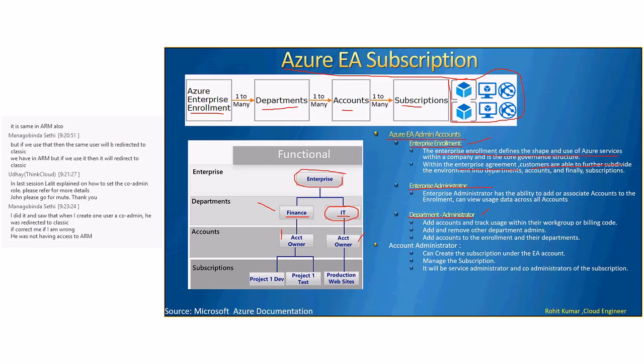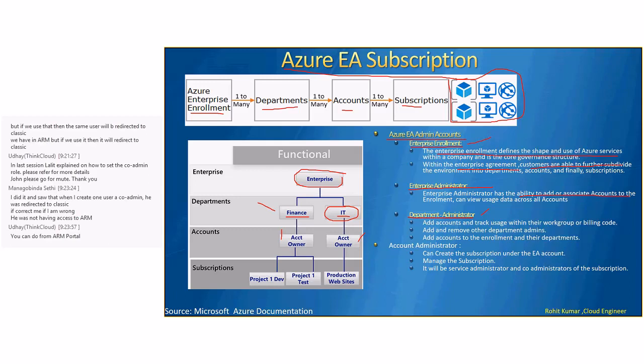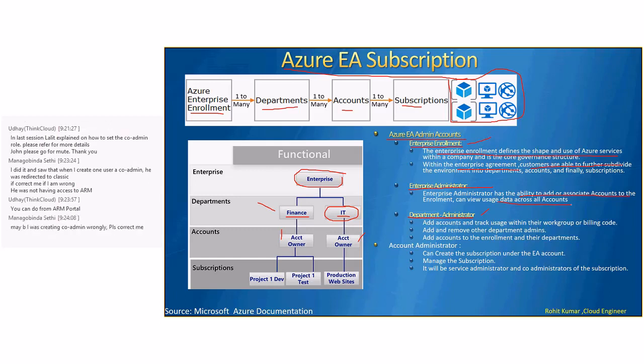And then the enterprise administrator has the ability to add and associate accounts and enroll the account, so you can view usage data across all the accounts. So basically, if you have a wider organization, with more than 10,000 servers, or lakhs and lakhs of users, and you want to segregate it into departments, you want to manage your billing.